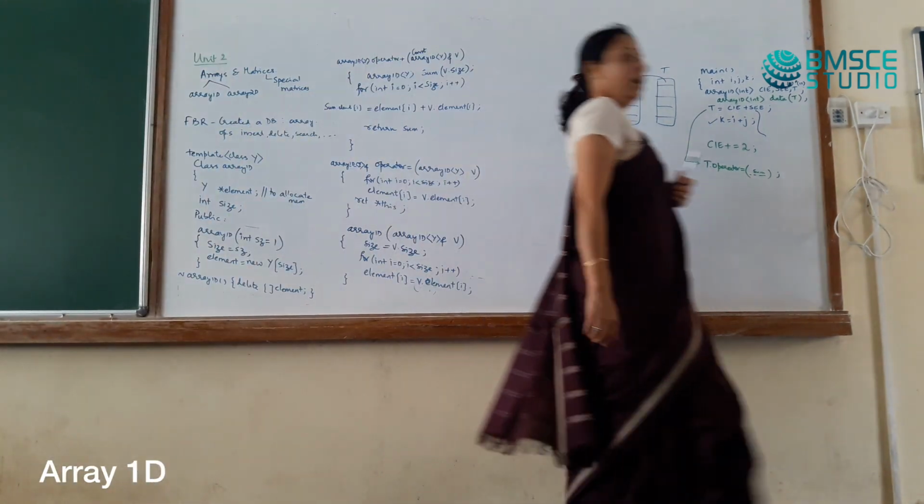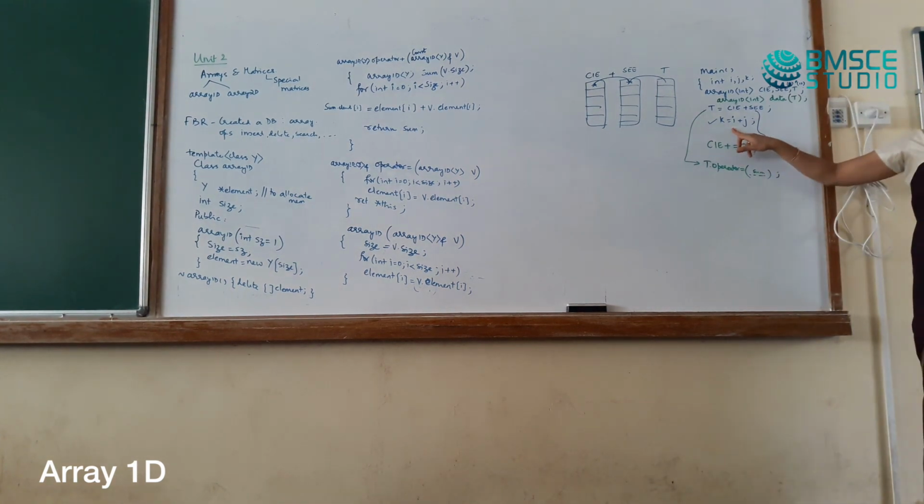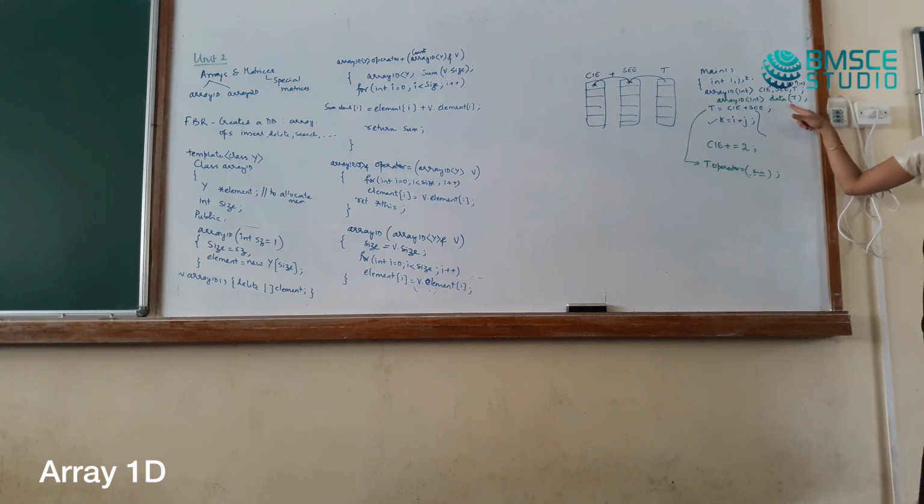So, all of you listen to me. Overloading the equal to operator is not the same as the copy constructor. You use the copy constructor for a different reason. You use the equal to operator for a different reason.